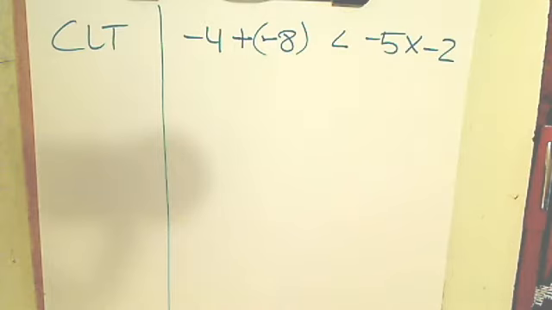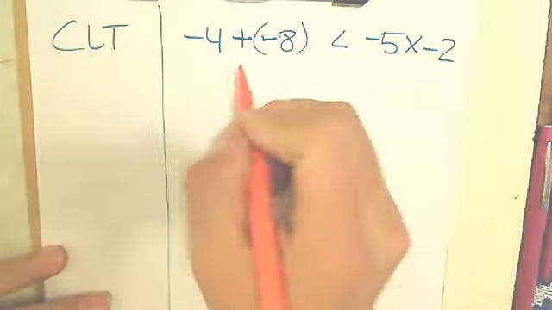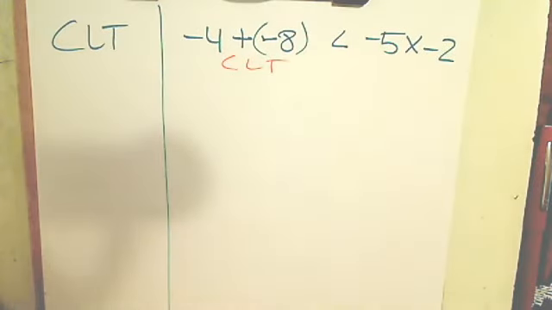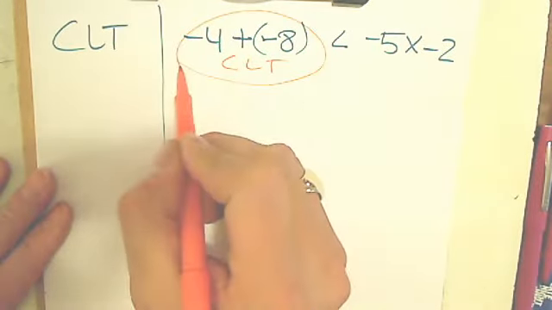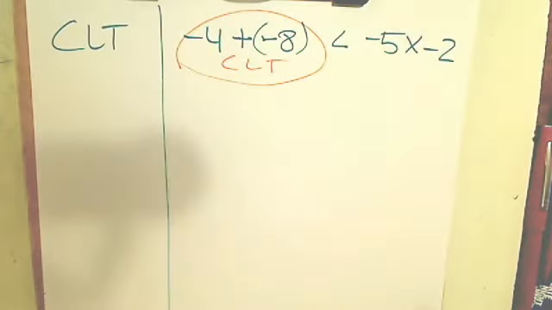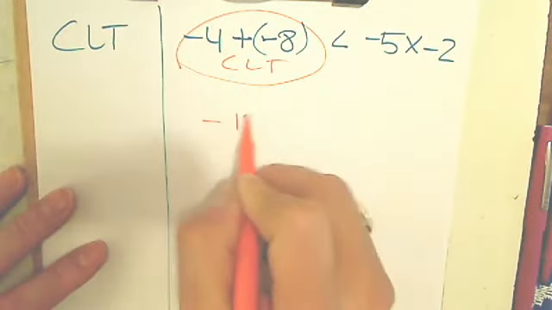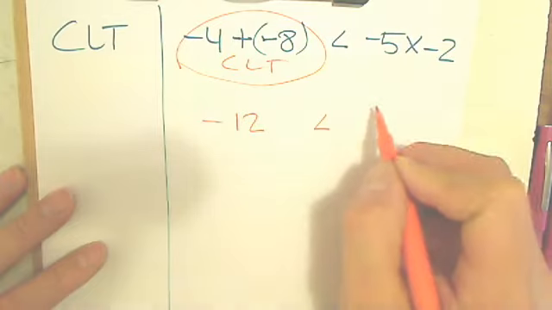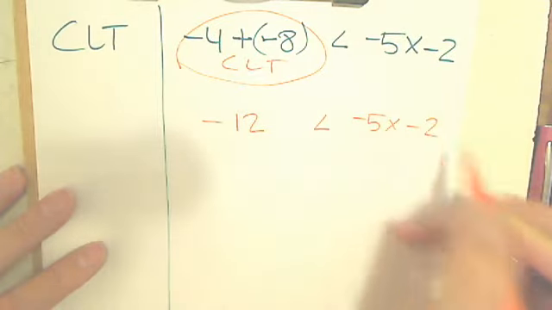Clean things up first. Combine means to clean up, to add or subtract whatever numbers. You have to combine like terms here first. Negative 4 and then 8 more negatives is negative 12. Bring down the sign, bring down the negative 5x, bring down the minus 2.